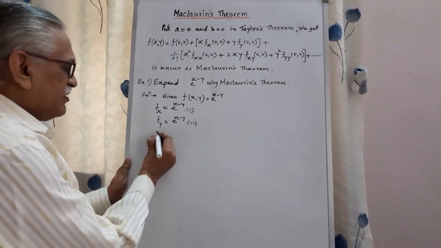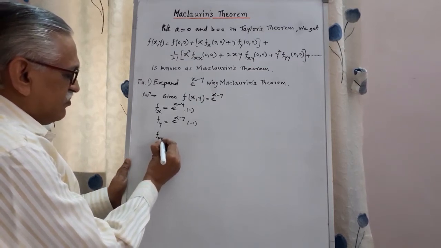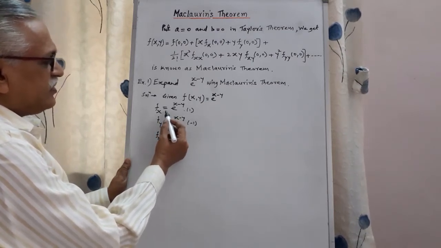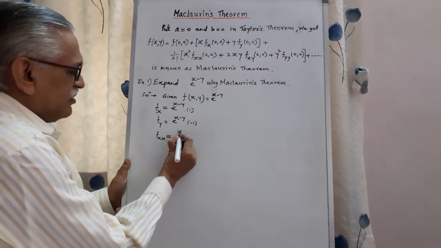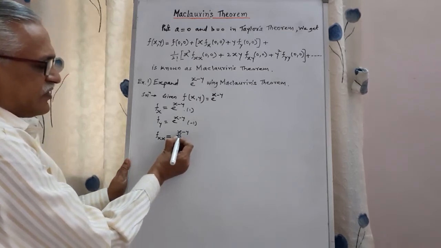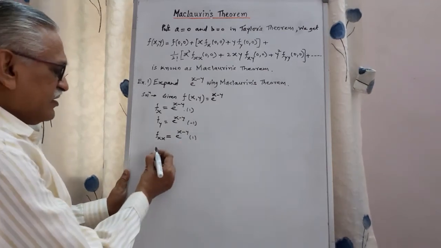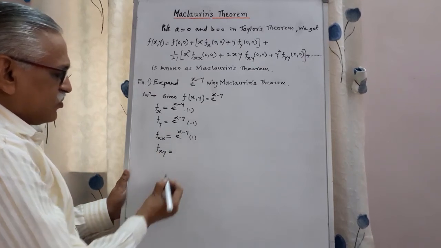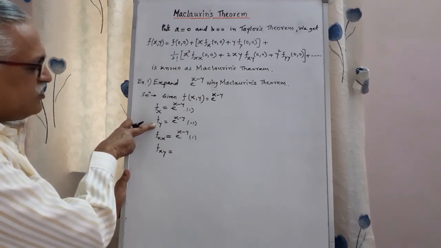Then differentiating again with respect to x, the next derivative is e raised to x minus y. Once again by chain rule, derivative of this term with respect to x is 1. Then f_xy, dou 2 f by dou x dou y: either differentiate this with respect to y or this with respect to x.